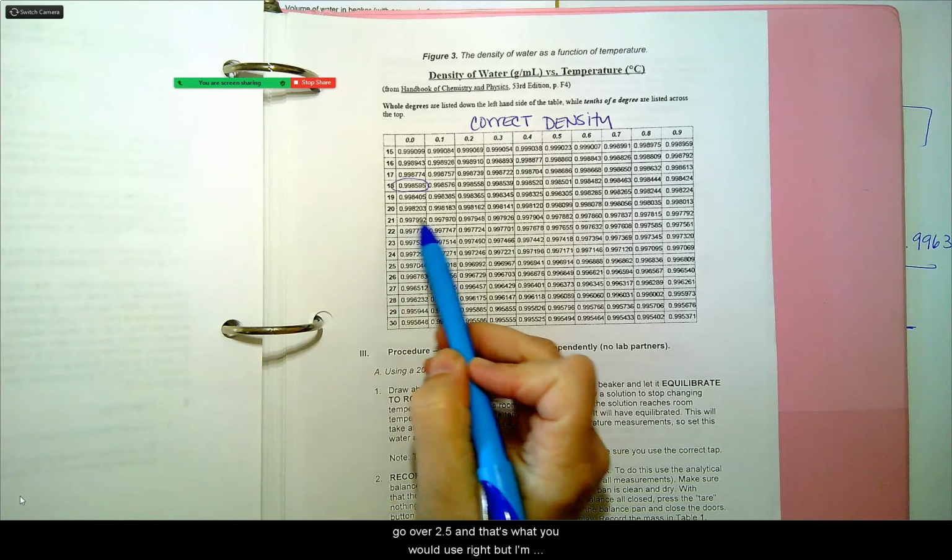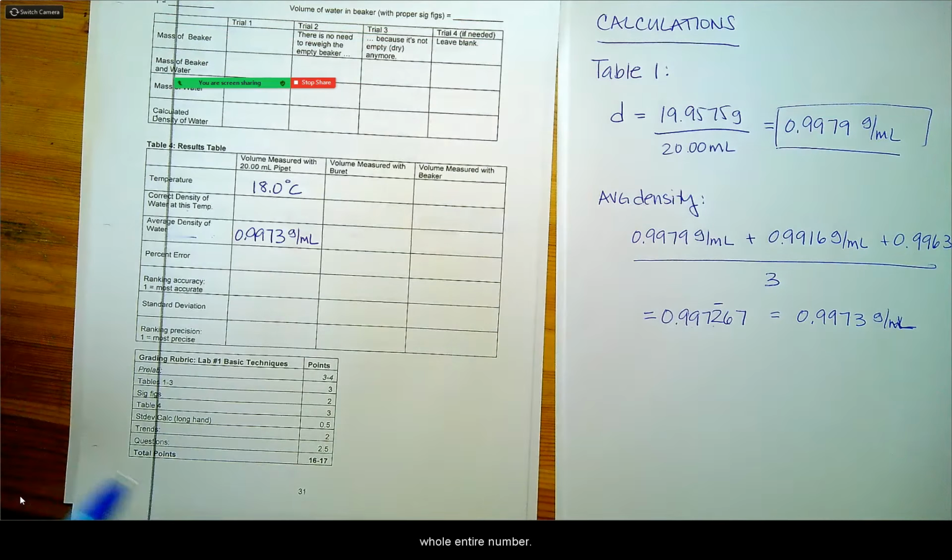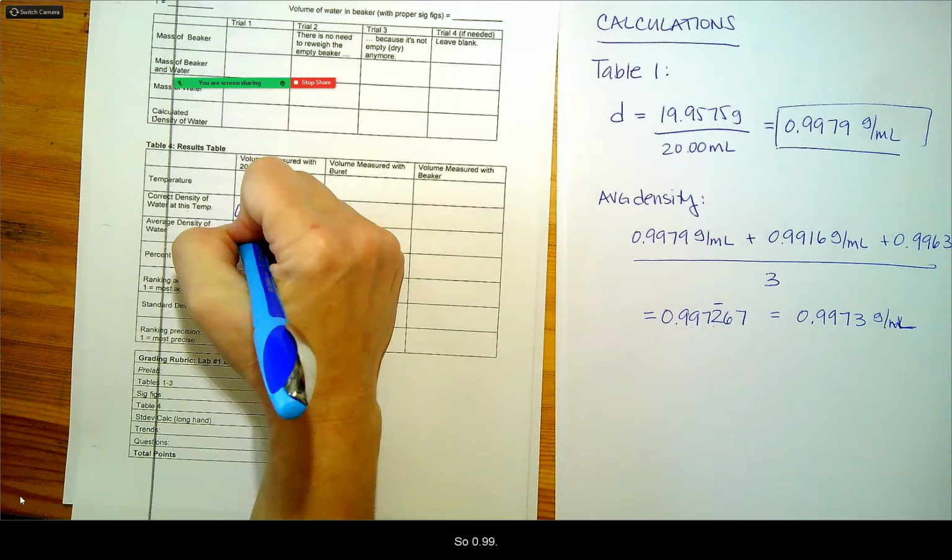Now, if you were 21.5, then you go 21 and go over to 0.5, and that's what you would use. All right, but I'm going to go ahead and use this for mine, 0.998595 grams per mil. Use the whole number. You're going to use the whole entire number.